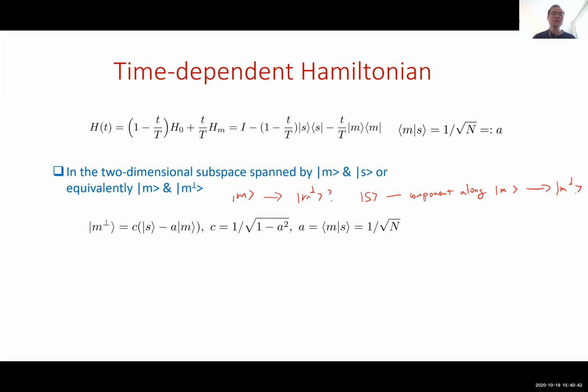Okay, so this is what we're going to do. We're going to define this M orthogonal to be the S minus the projection to M, and we know the overlap is A. So if we subtract this component, then this will be M orthogonal. And we assign a coefficient C so that it is normalized. So this C is needed to normalize.